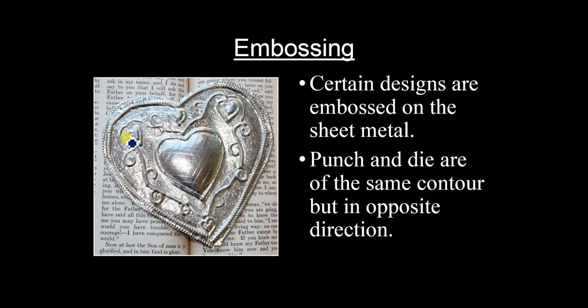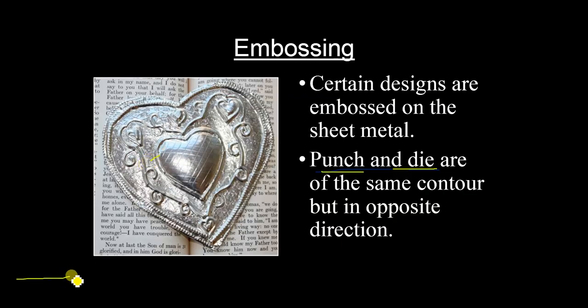So we are taking a sheet metal, and obviously we require a punch and a die, and they should have the shape which we desire. The force is applied, and the metal is converted into an embossed shape. You can see it is coming out.